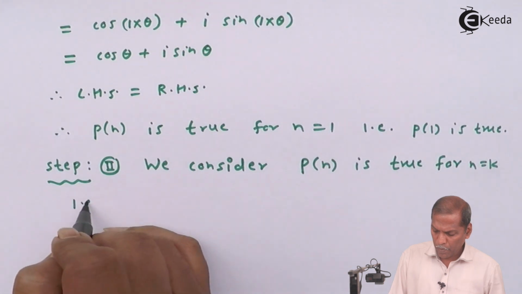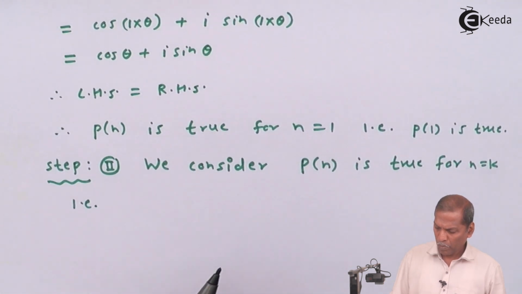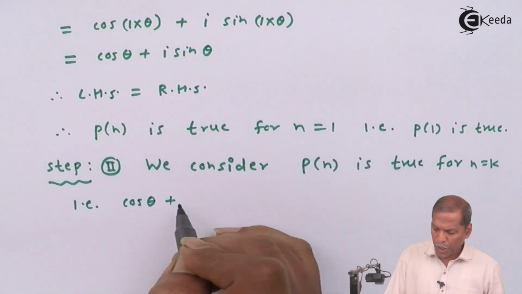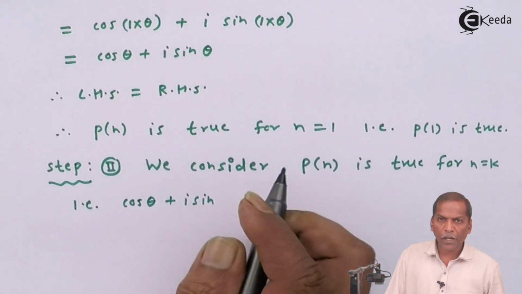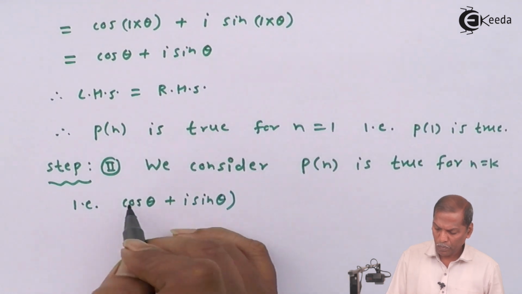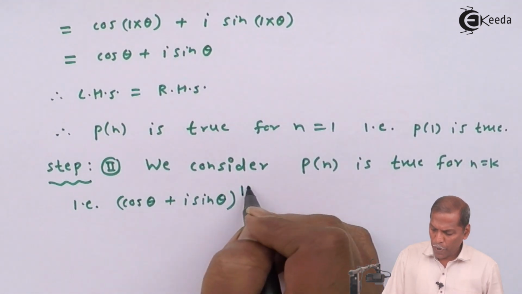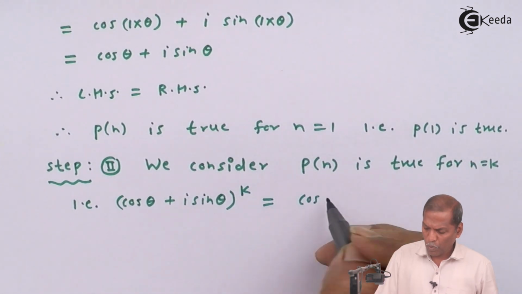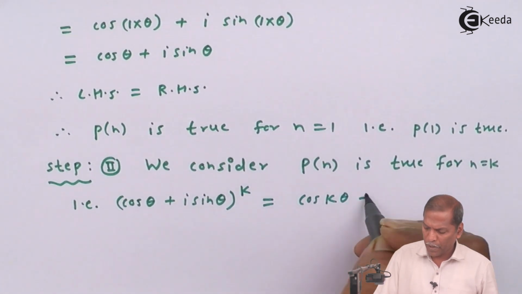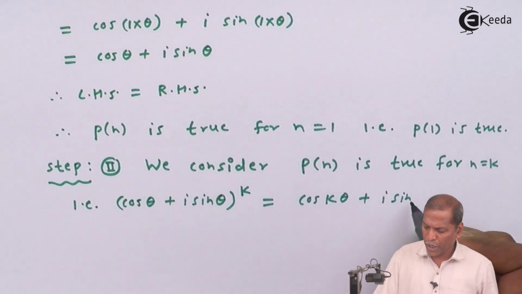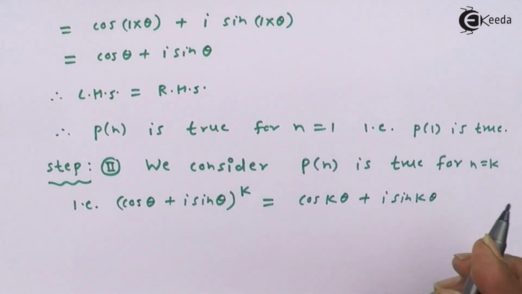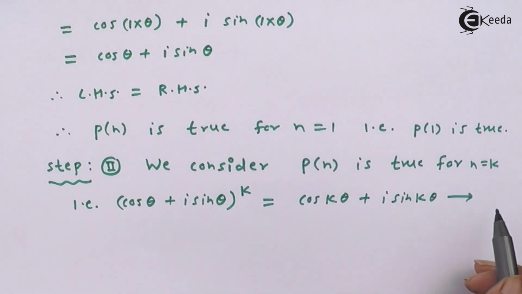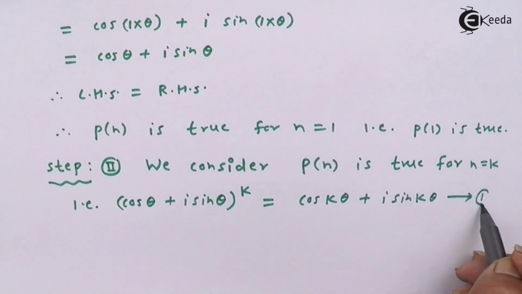That is, (cos theta plus i sin theta) whole raised to k is equal to cos of k theta plus i sin of k theta. Let us denote this as equation number 1.